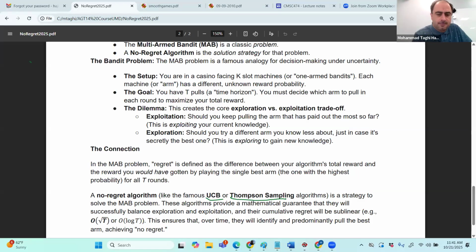There are actually three famous ones. It is called epsilon greedy. So epsilon greedy, UCB, and Thompson sampling. Of all these algorithms, epsilon greedy is probably the simplest.